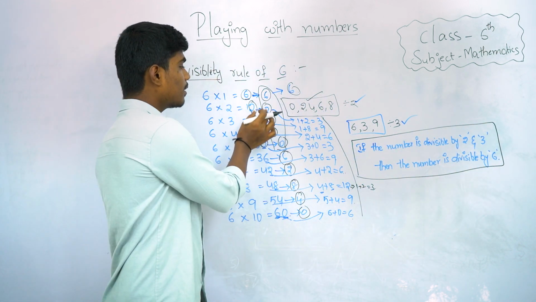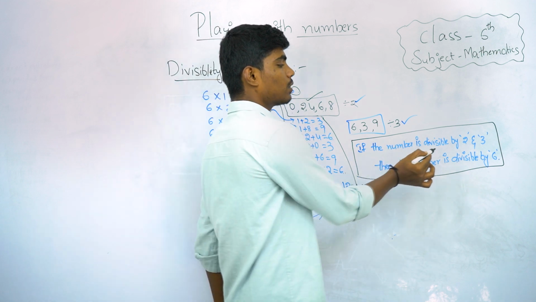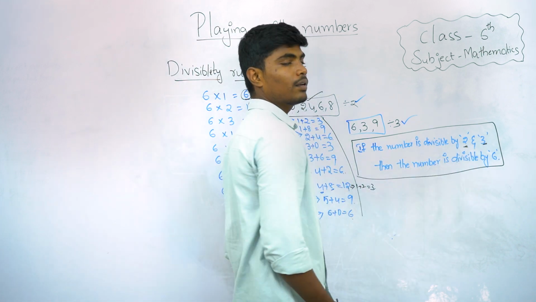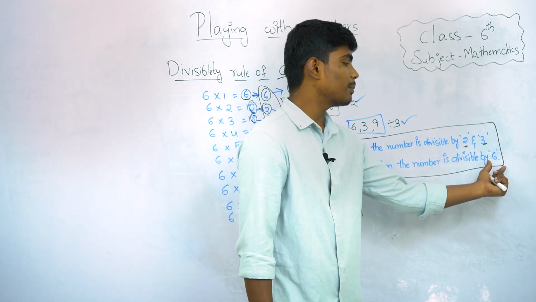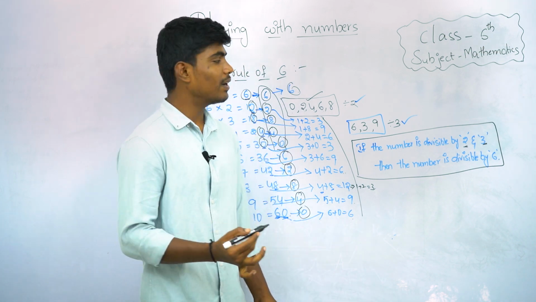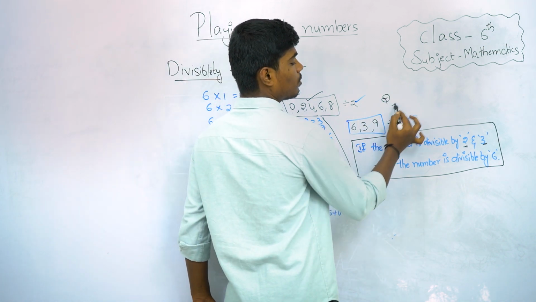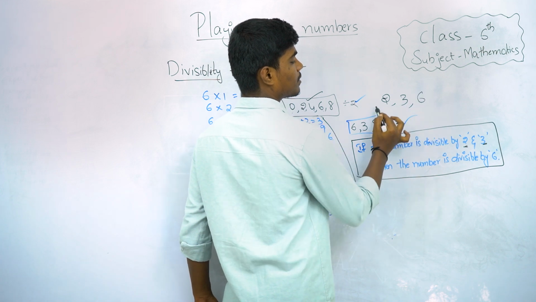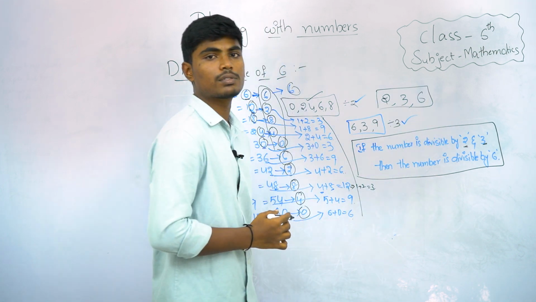If the number is divisible by both 2 and 3, then the number is divisible by 6. Now, we have learned the divisibility rules of 2, 3 and 6.